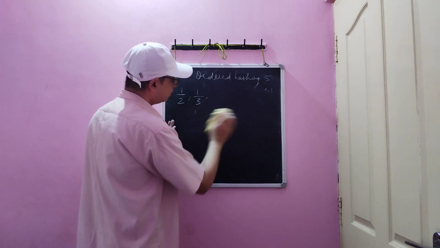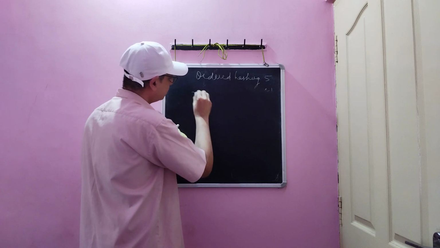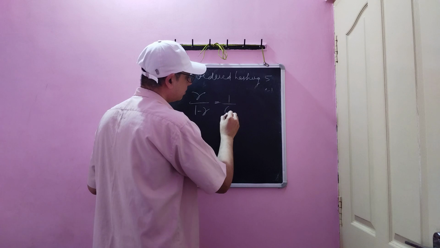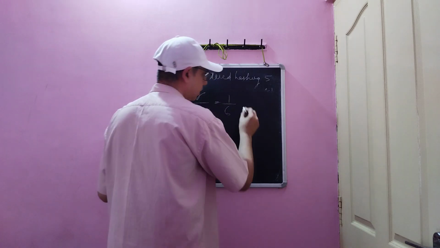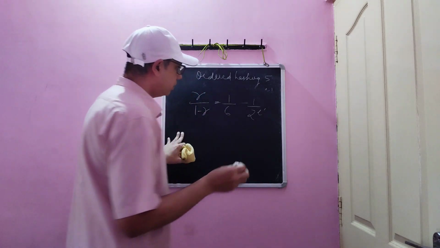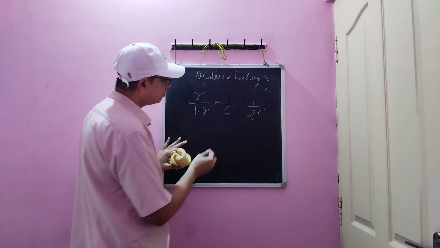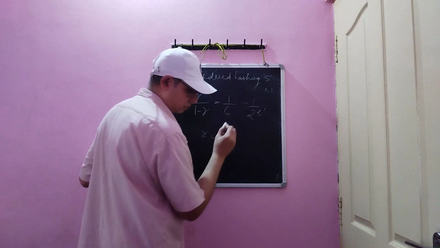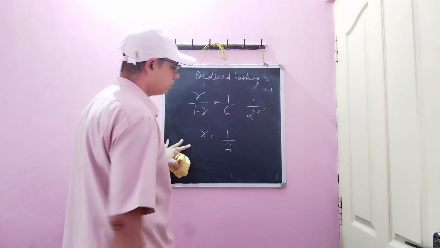So again we try to determine the ratio r such that r by 1 minus r is equal to 1 by 6 minus 1 by 2 power L dash. The viewer can easily see that r will come out to be the value 1 by 7, 1 more than 1 by 6.